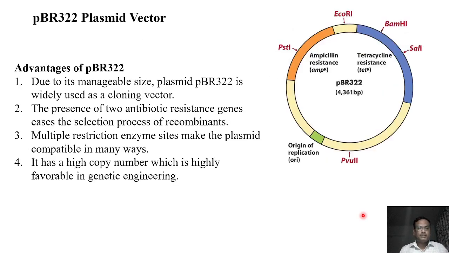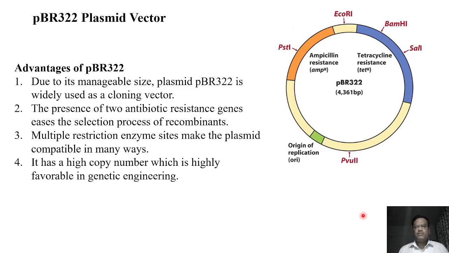What is the advantage of using pBR322 as a gene cloning vector? Due to its manageable size, pBR322 is widely used as a cloning vector. The presence of two antibiotic resistance genes eases the selection of recombinants. Multiple restriction enzyme sites make the plasmid compatible in many ways. It has a high copy number, which is highly favorable in genetic engineering.